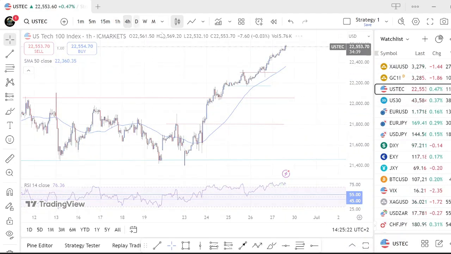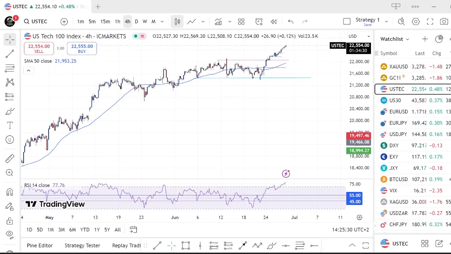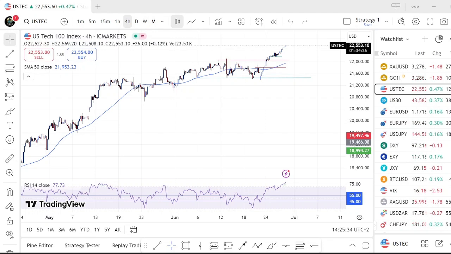Taking a look at US tech or the indices markets. Indices have been very bullish this week, particularly after a choppy period, and we're seeing a strong influx of bullish momentum with minimal retracements, which has pushed the markets into overextended territories per the 4-hour indicators.